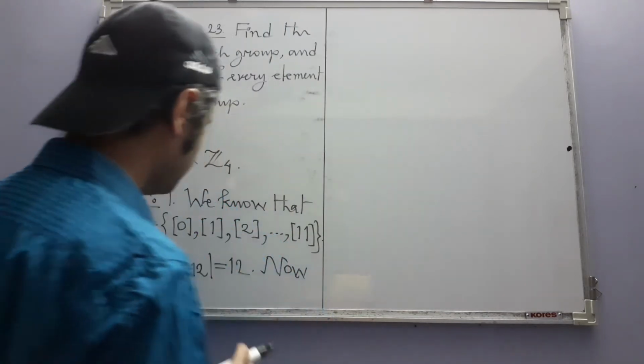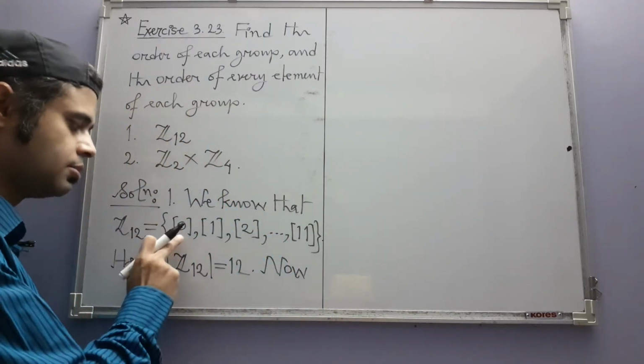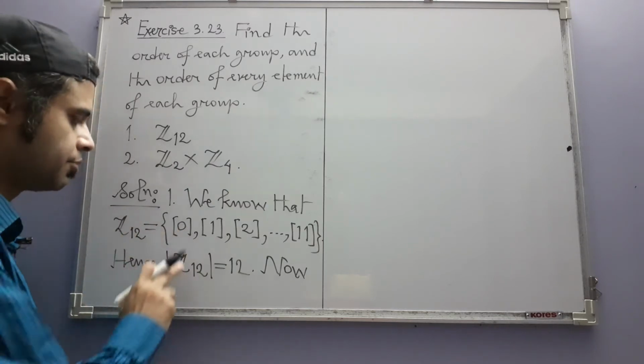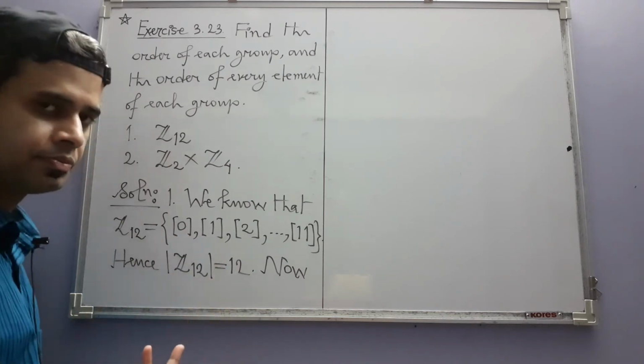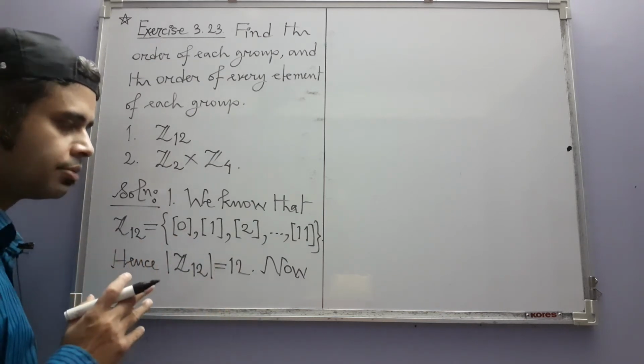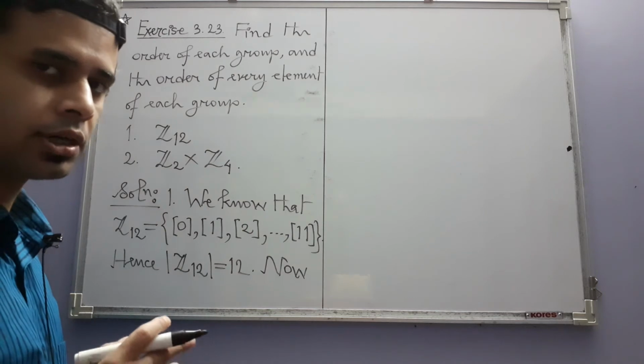The first thing we notice is that the order of this zero congruence class, which is the identity element in this group, is 1. The identity element in any group has order 1.